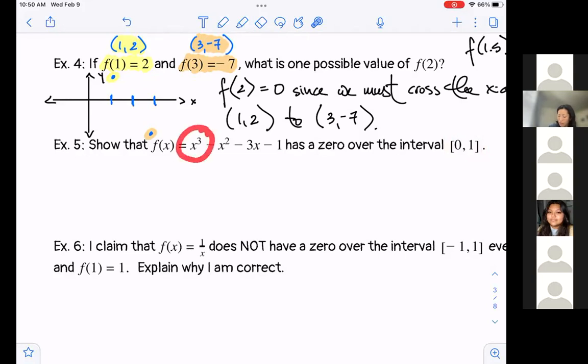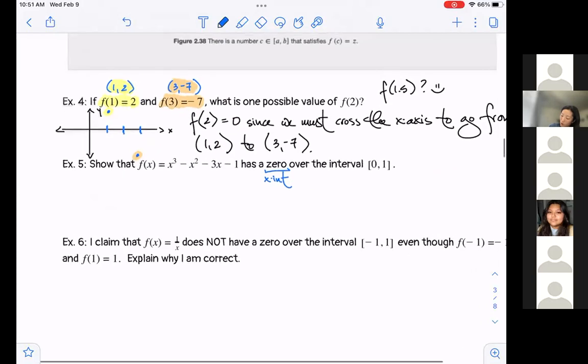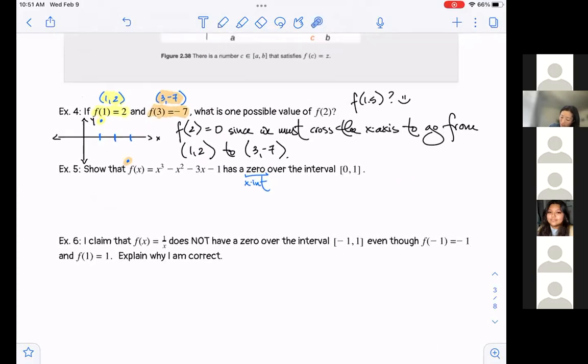I know that it's x cubed, so it probably looks something like this, but I don't know where it crosses the x-axis. And remember from the other day, we said that a 0 is the same thing as an x-intercept, right? So it's almost like a little twist on example 4. We're asking for the same thing, but we're changing how we get that information.